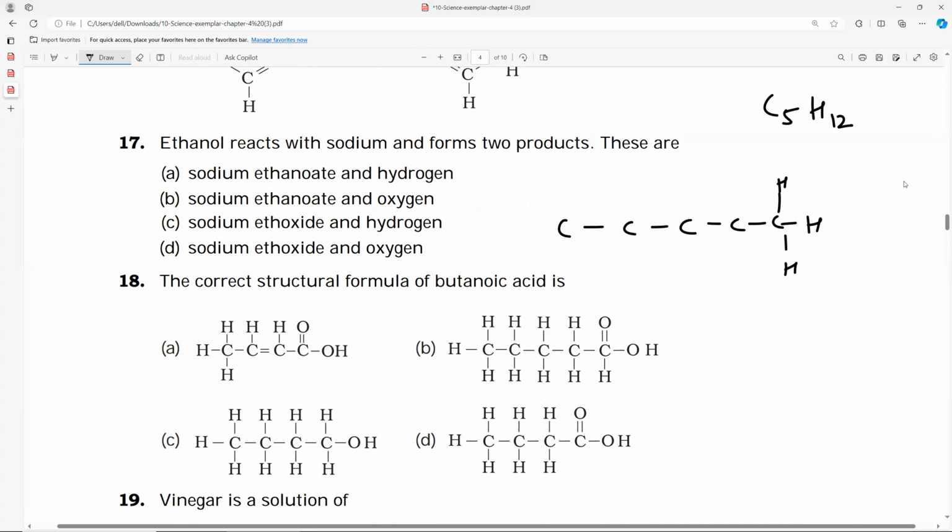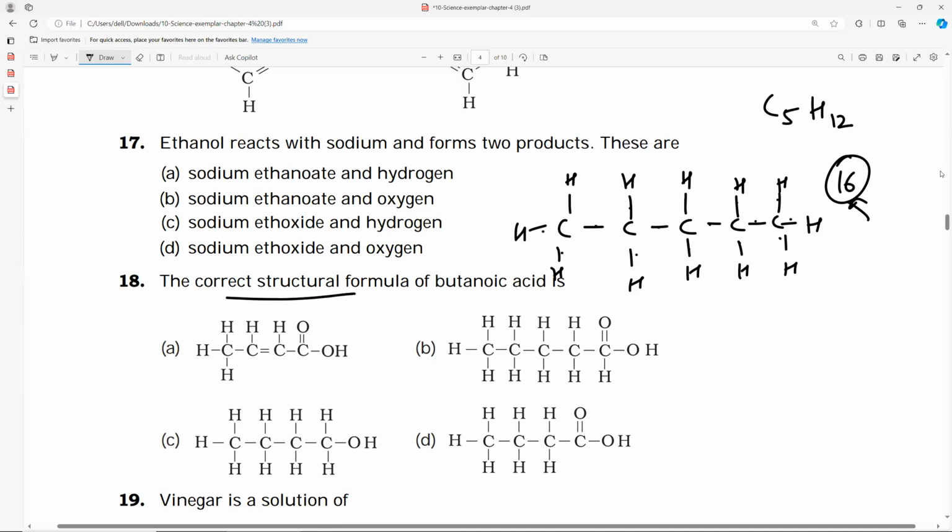Now it is making 1 here, 1 here, 2, then 2 more with hydrogens. This carbon is only making 1, so it will be connected with 3. If you count 1, 2, 3, 4, 5, 6, 7, 8, 9, 10, 11, 12, 13, 14, 15, 16. So it will be 16 covalent bonds. Got it?